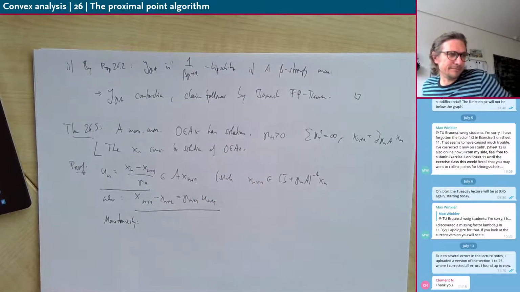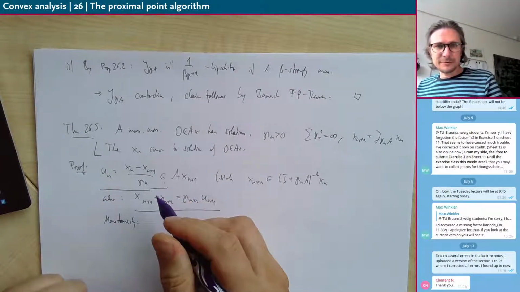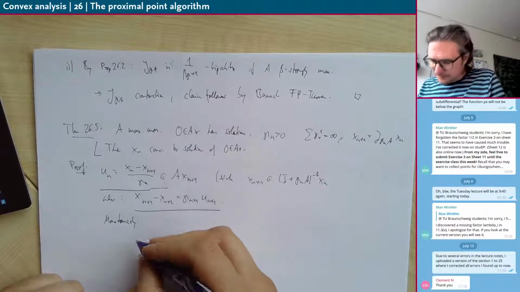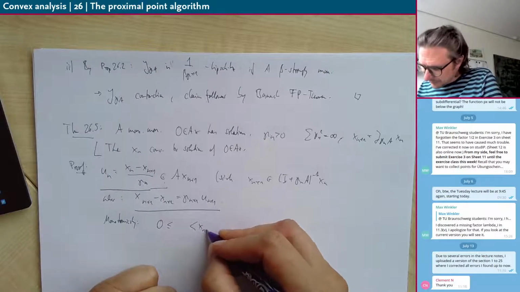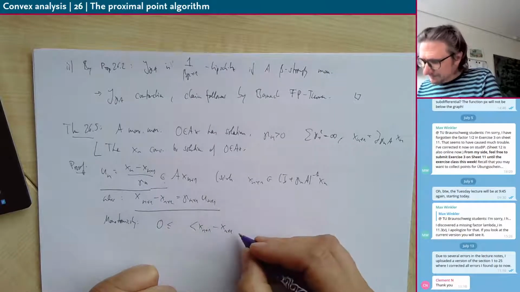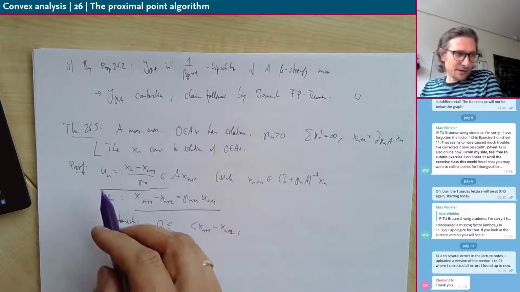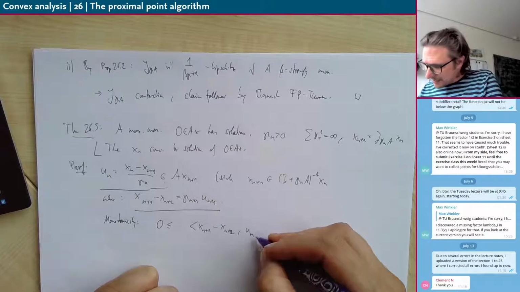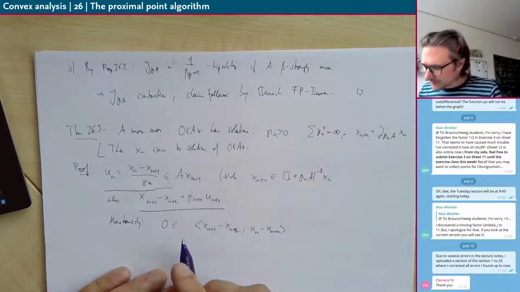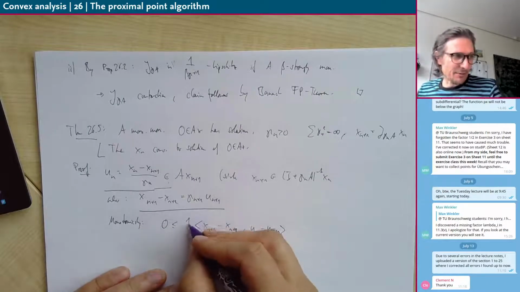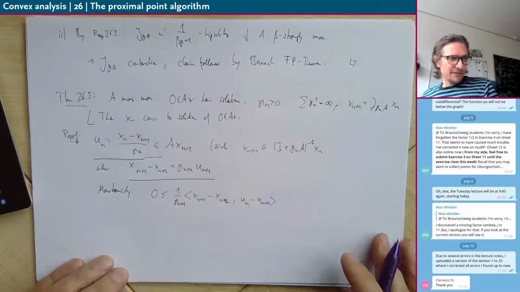Monotonicity. So by this inclusion, and also using this inclusion over there, we see that 0 is smaller than the inner product of x_{n+1} − x_{n+2} with u_n − u_{n+1}. Of course this still holds true if we multiply by 1/γ_{n+1}, which doesn't affect the non-negativity.